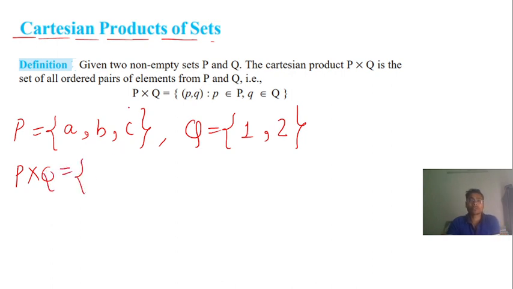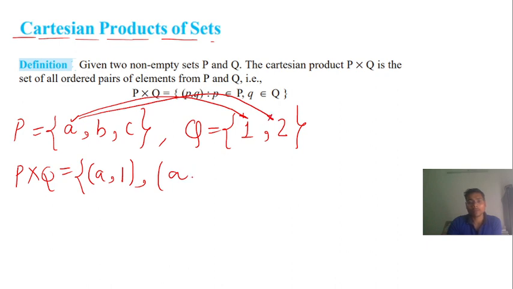So what will be P cross Q? P cross Q will be, first we will write A, and then we will write A with an element of Q, A1, and then again A with another element of set Q, A2.